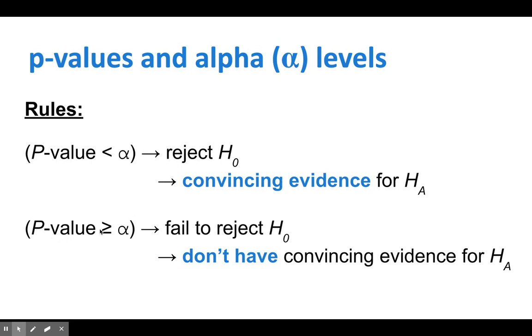If the p-value is greater than or equal to the alpha level, you're going to fail to reject the null. You do not have convincing evidence for the alternative hypothesis. You're going to need to remember this because it's what we base all of our decisions off of. If it's less than alpha, reject the null. If it's greater than or equal to alpha, fail to reject the null.